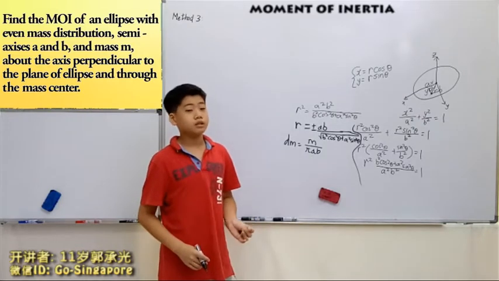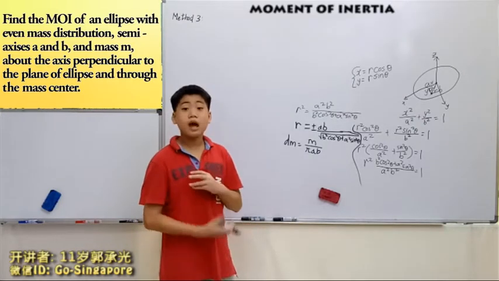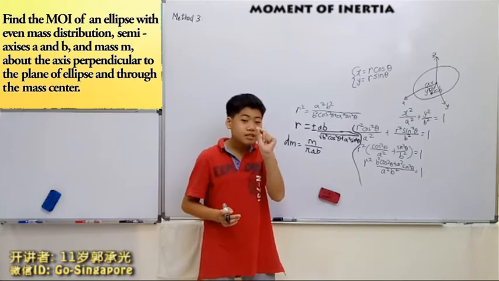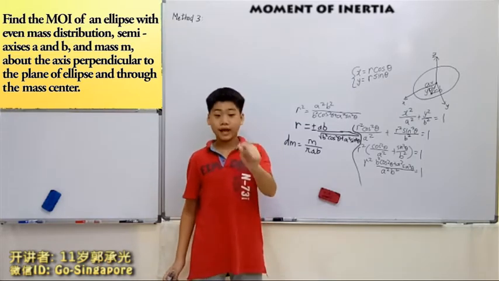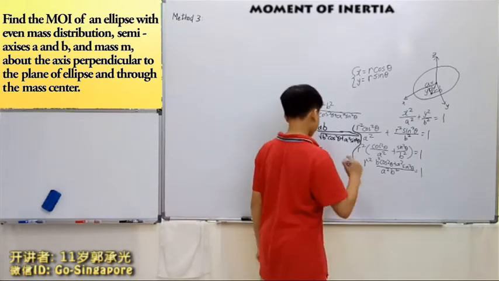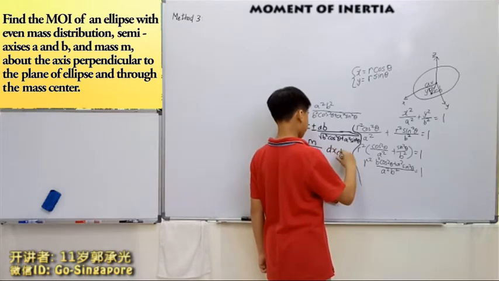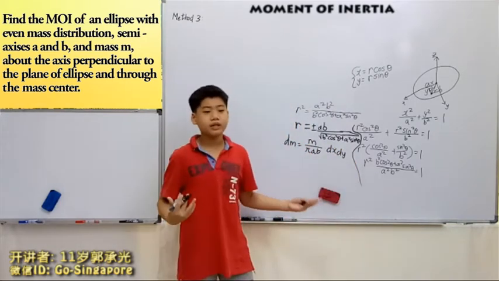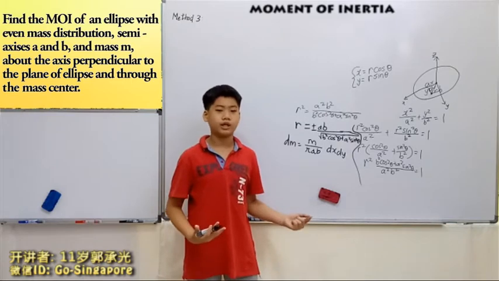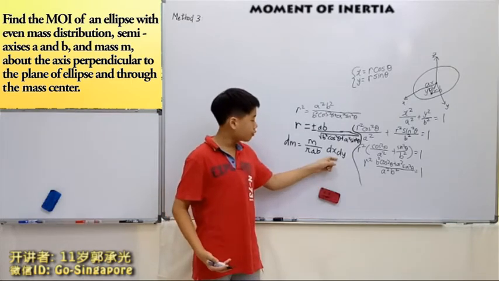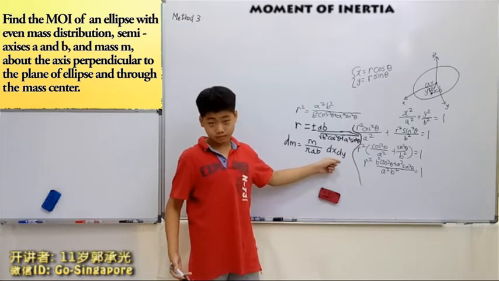Then we need its area, that this little piece takes. For that, dx, dy. But now we want polar coordinates. How come we have a Cartesian coordinate here?